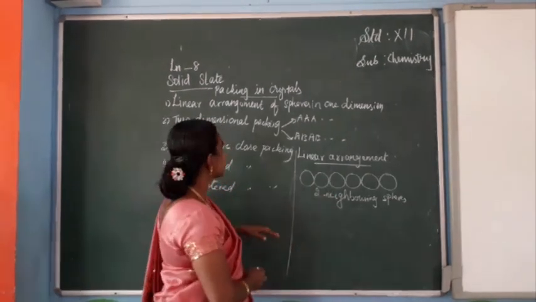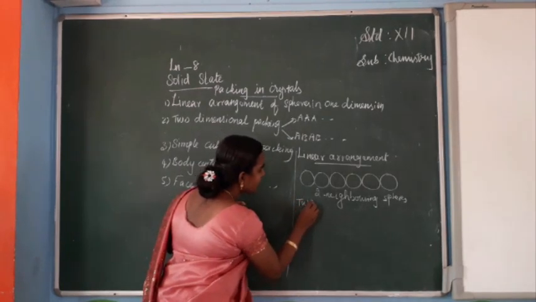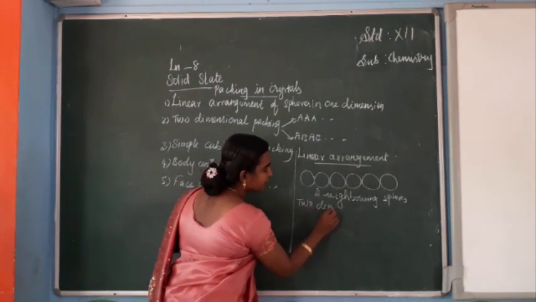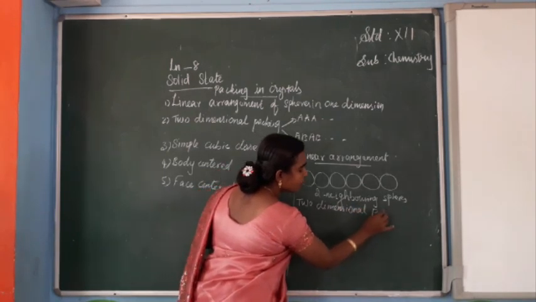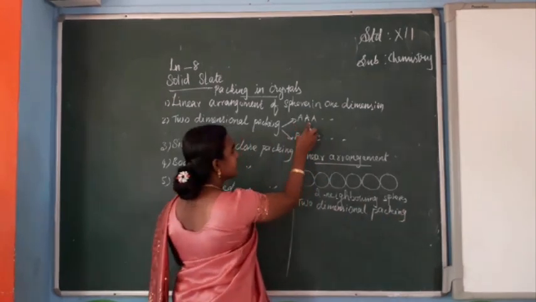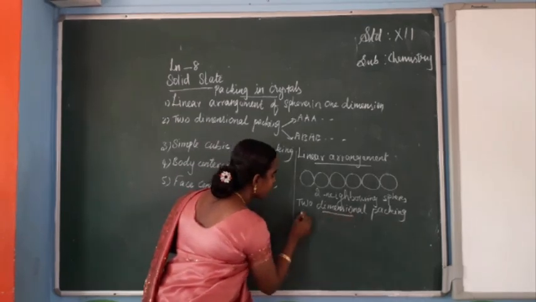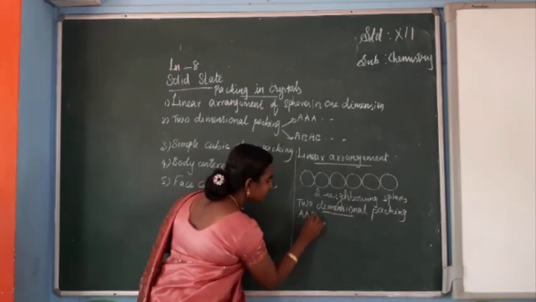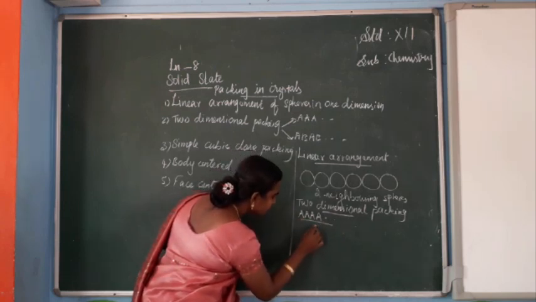Next is two-dimensional packing. In two-dimensional packing, two ways are there: A type and AB type. First I will explain A type.